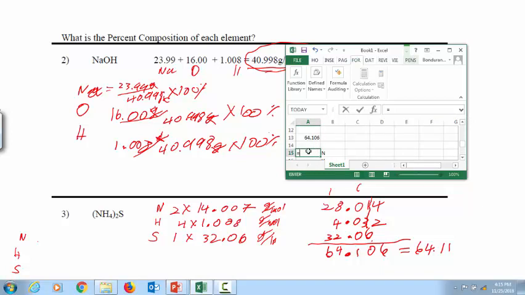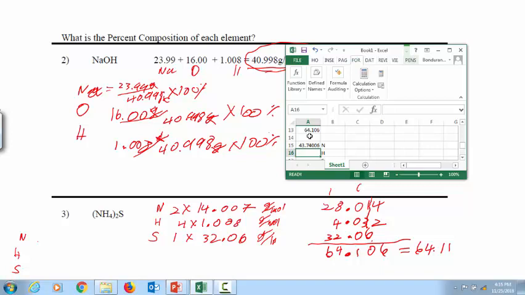So equals 28.04 divided by the total times 100. That gives you 43.74% nitrogen.